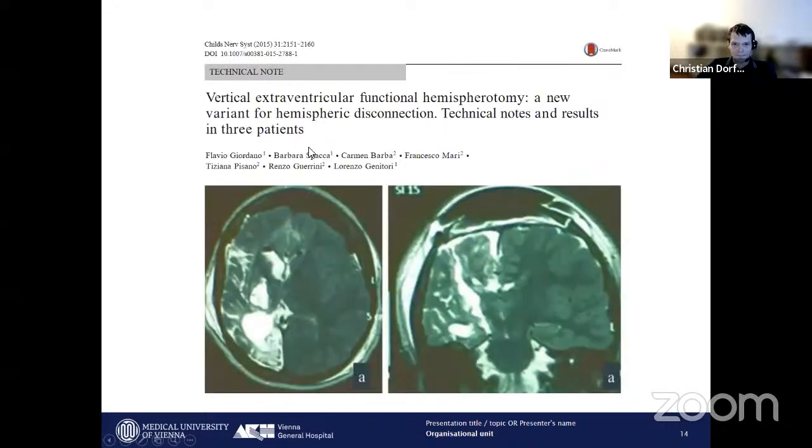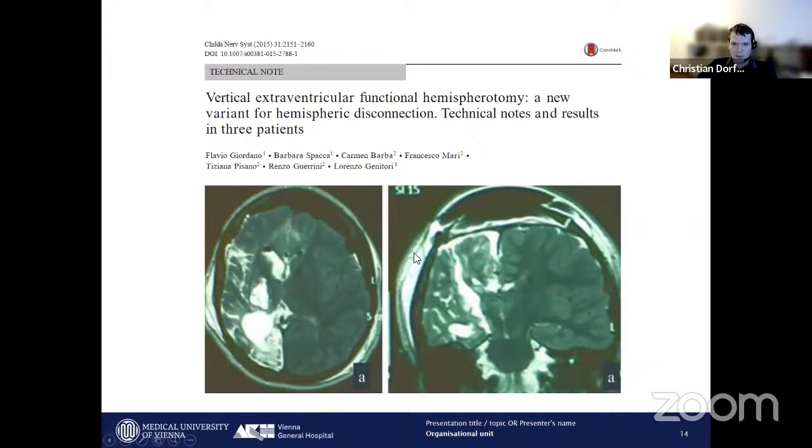And this is a suggestion of an extraventricular functional hemispherotomy technique. The main argument here was to potentially reduce CSF disturbances. You can see here by image guidance that was used in this case from here down to here to completely disconnect the hemisphere, with a large craniotomy.